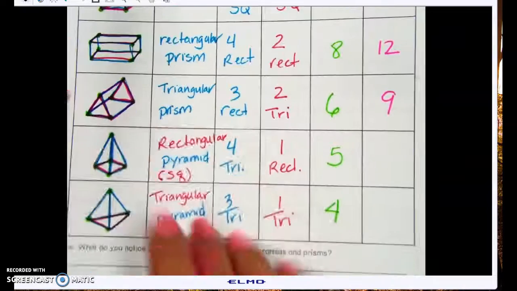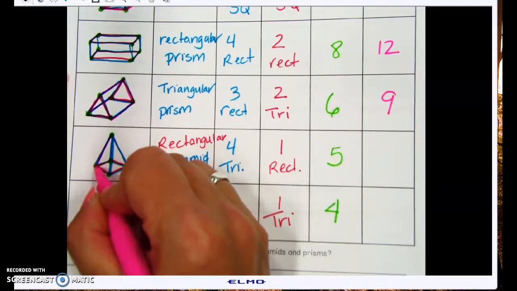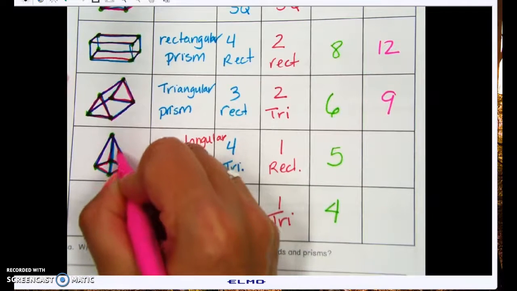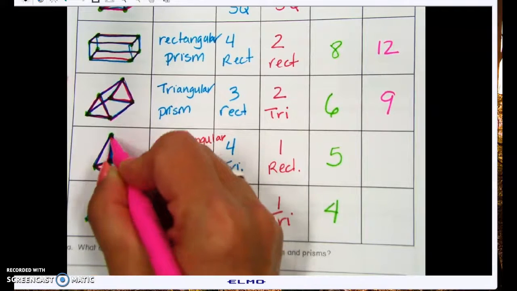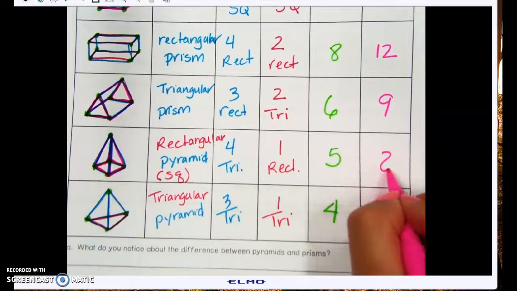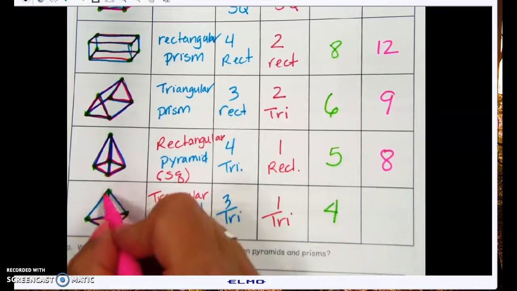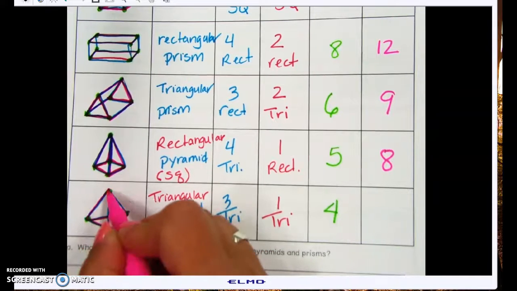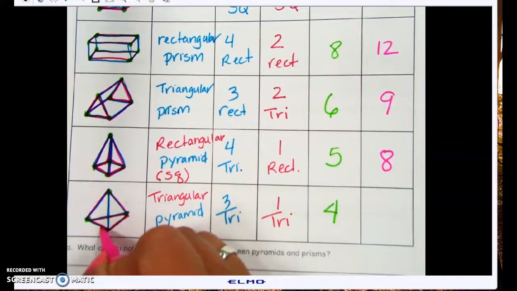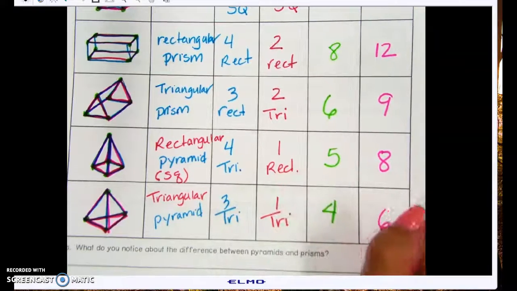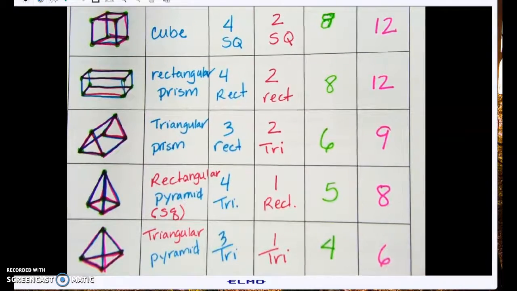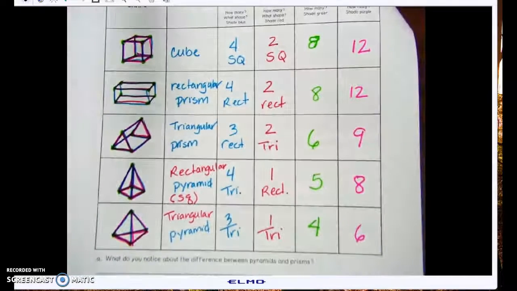Let's go to this one. 1, 2, 3, 4, 5, 6, 7, 8. There's 8 edges on this one. And for our triangular pyramid, 1, 2, 3, 4, 5, and 6. If you have this chart all filled out, you will easily be able to do the lesson quiz.